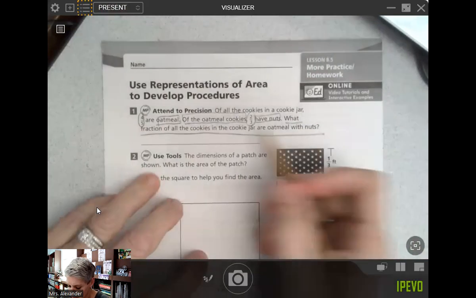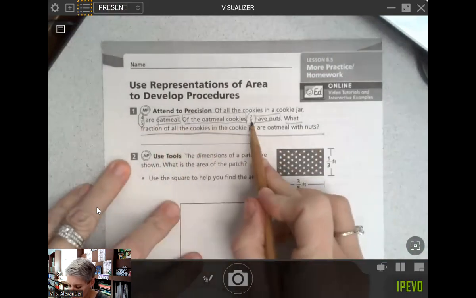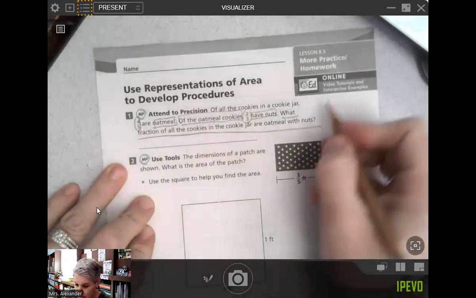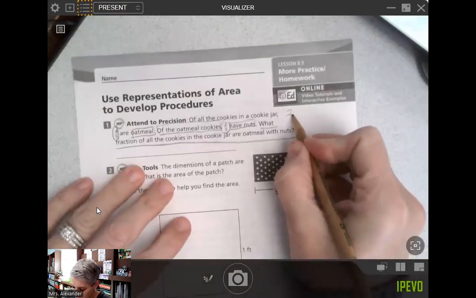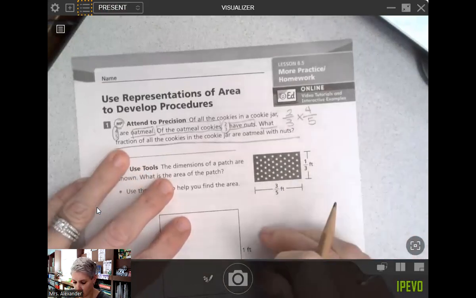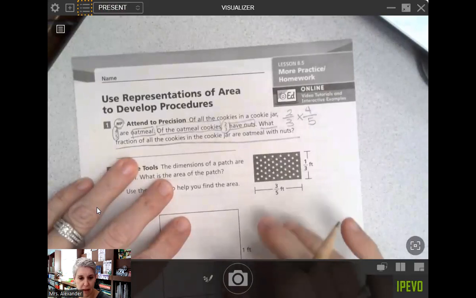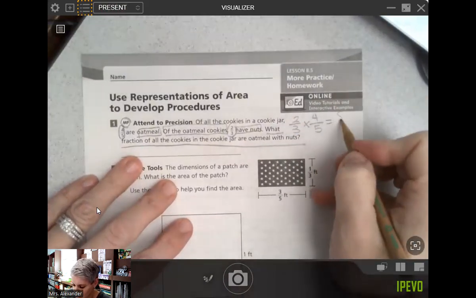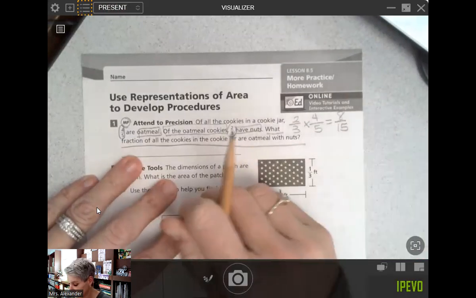Okay. So 4/5 are oatmeal. I want 2/3 of the oatmeal cookies. So you'll remember, if we want to put this in order, I'm going to go over here. 2/3 of the oatmeal cookies have nuts included. So I multiply across, numerator times numerator, denominator times denominator.